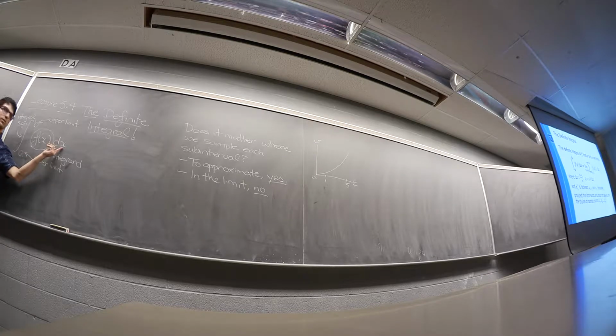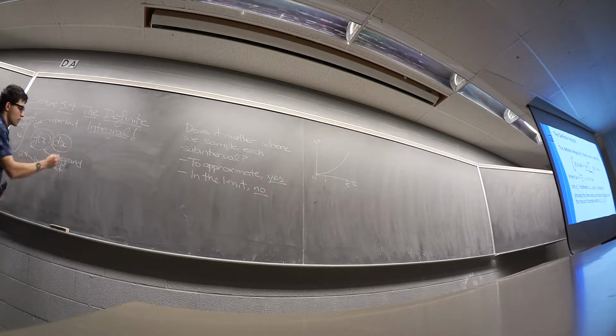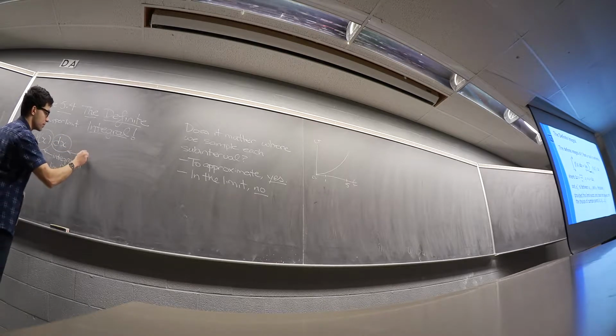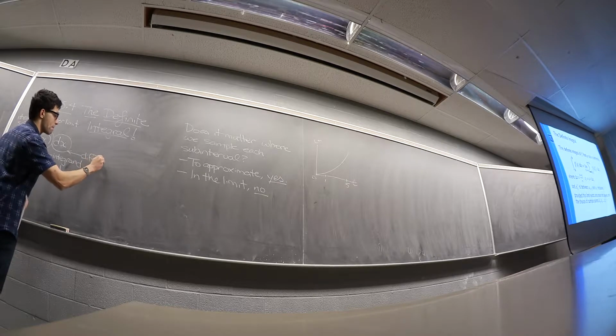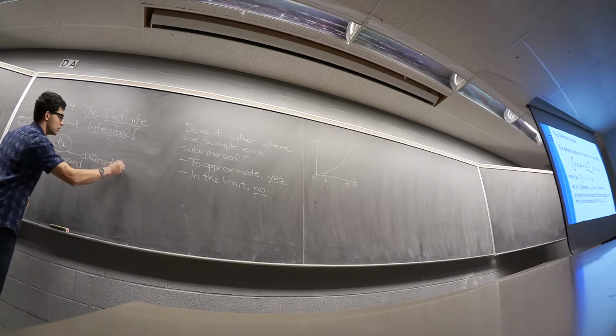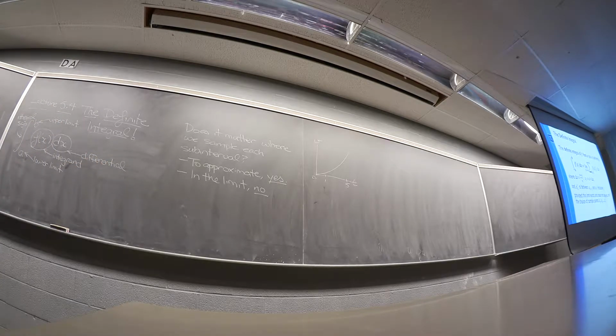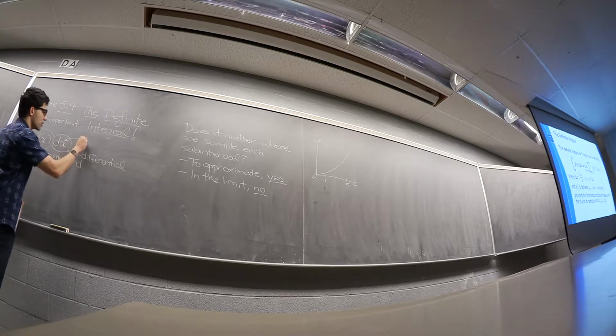This guy is an old friend. We've seen this before. It's called a differential, or an infinitesimal. The variable this guy indicates is the variable of integration. The differential tells us what our variable of integration is.